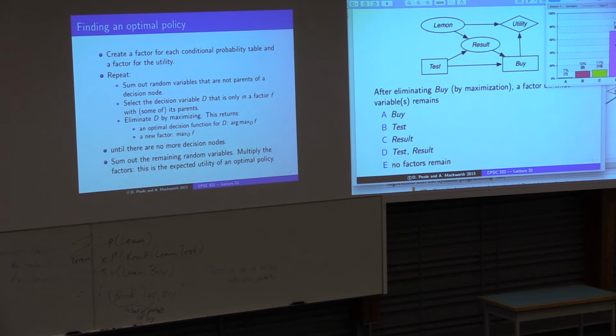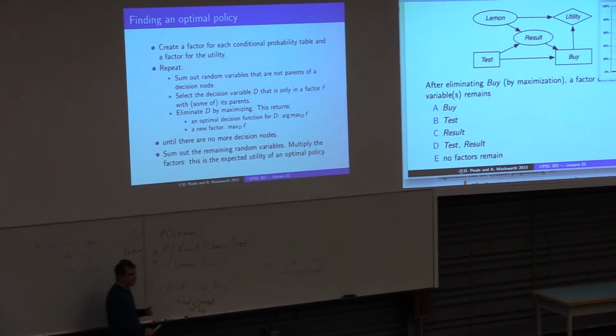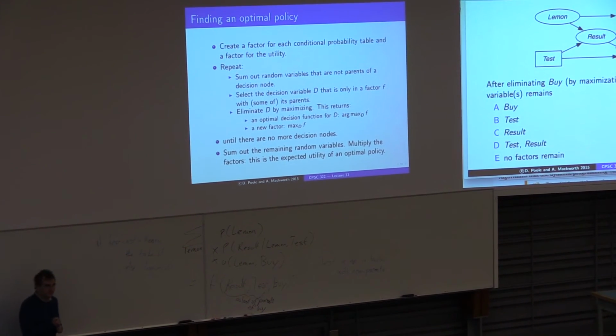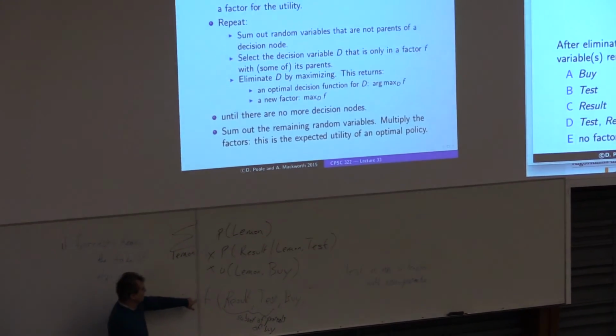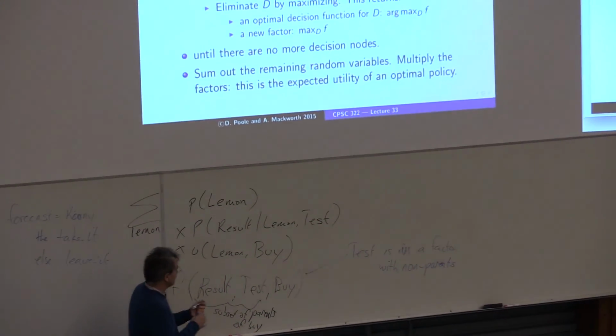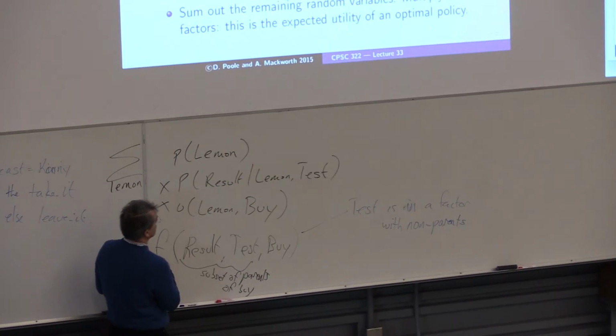Test and result. Right, it's this factor. We're going to maximize over this. We're going to have a factor on test and result. We're going to maximize over by. We're going to choose the best by for each combination of test and result. Okay, so we're just going to maximize this. We have some factor, let's call this F1.